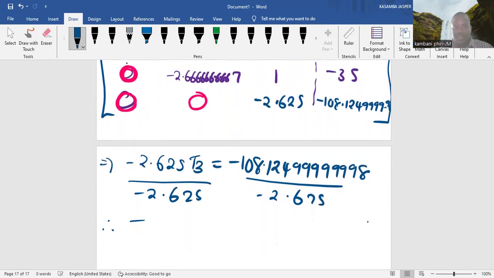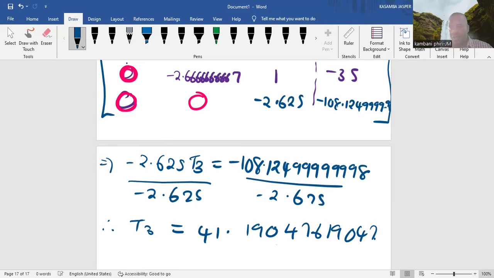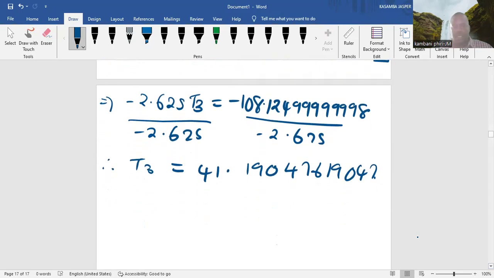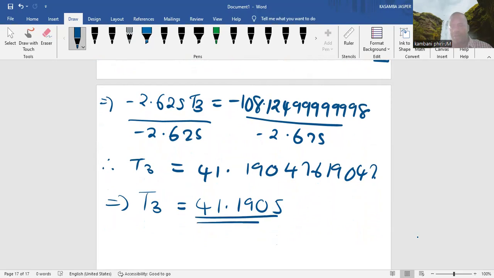Your T3 will become 41.190476. This is your solution for T3. But we can maybe round it off to 4 decimal places, 41.1905. This is our solution.